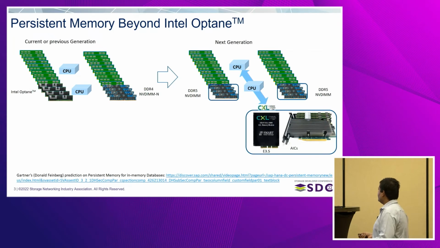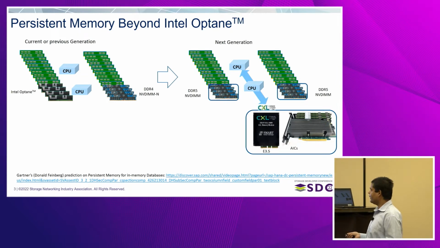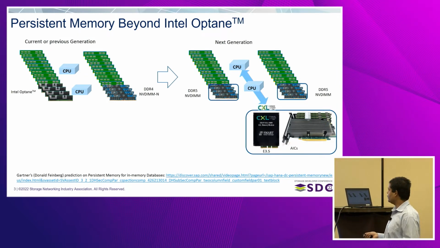We'll talk more about the different form factors, but I would really like you to look at one of the videos from Gartner. It was shot in 2020, and this video talks about the use case of persistent memory technology in in-memory databases. It does not talk about what type of form factor to use. It just talks about the technology itself.